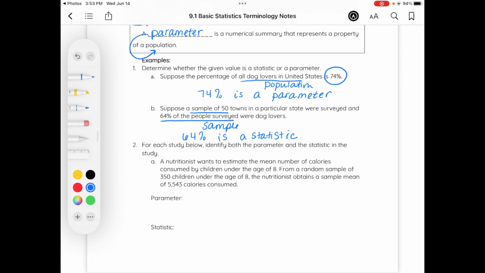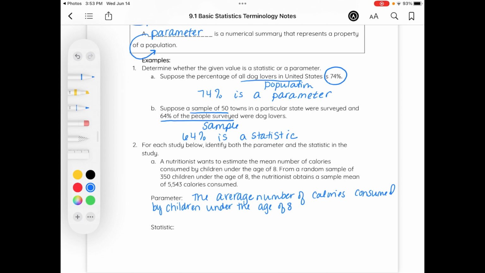The parameter itself is the mean of all children under the age of 8, the average number of calories consumed by children under the age of 8.